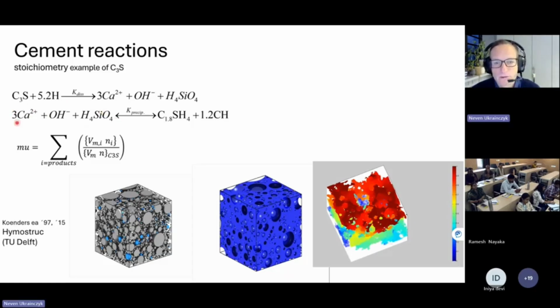So then you need to know the concentration, the ion activity product, which is the multiplication of the concentrations of all the ions involved in this precipitation reaction, each to the power of its stoichiometric coefficient. And then you know the driving force for how fast the reaction should go.